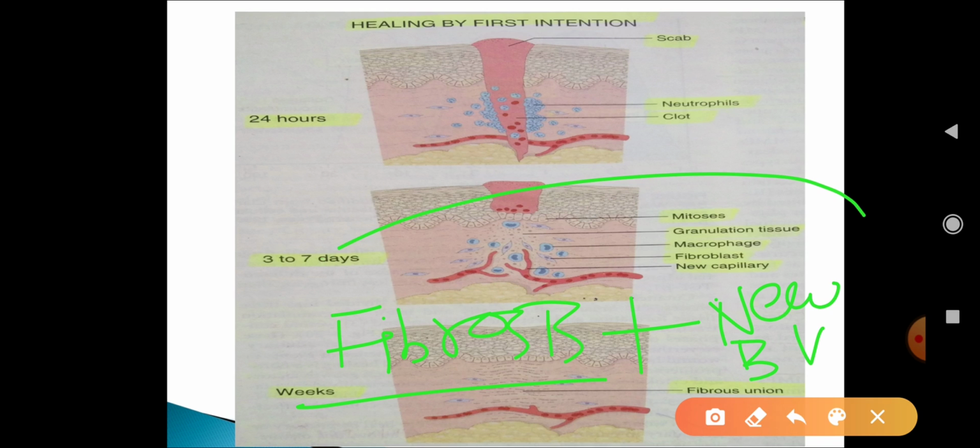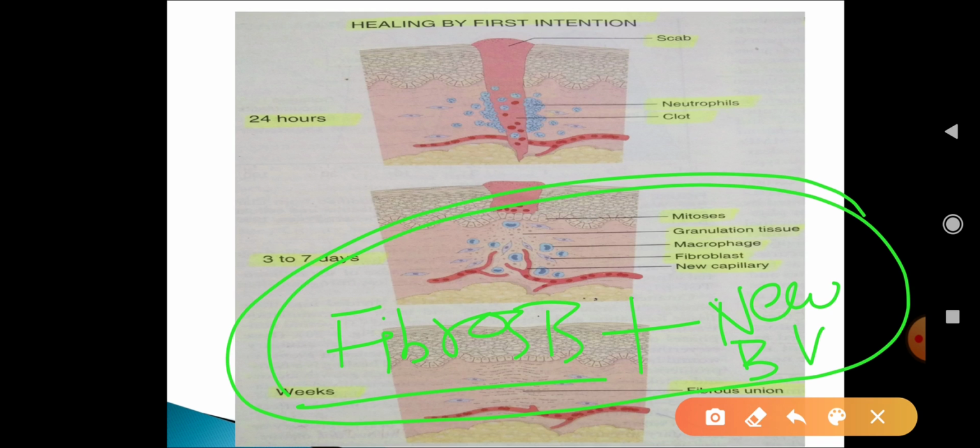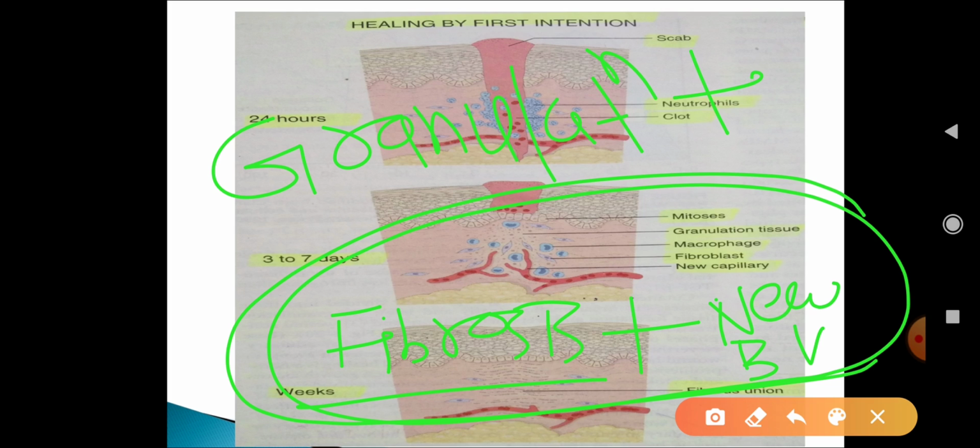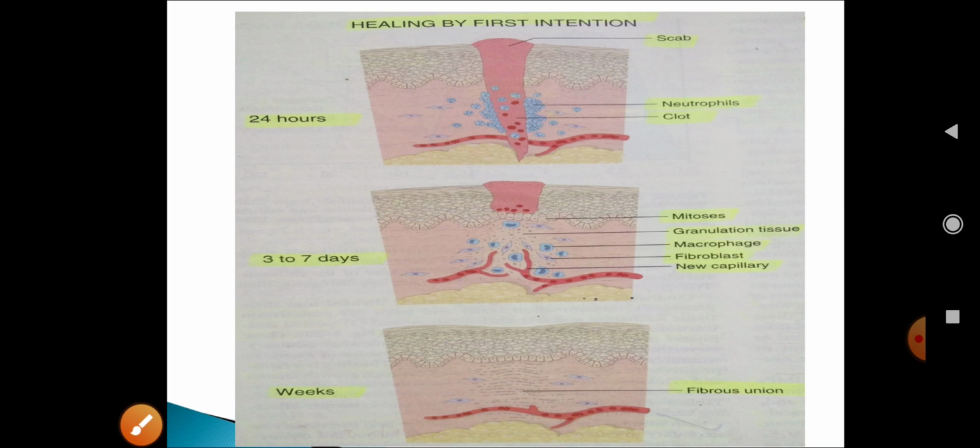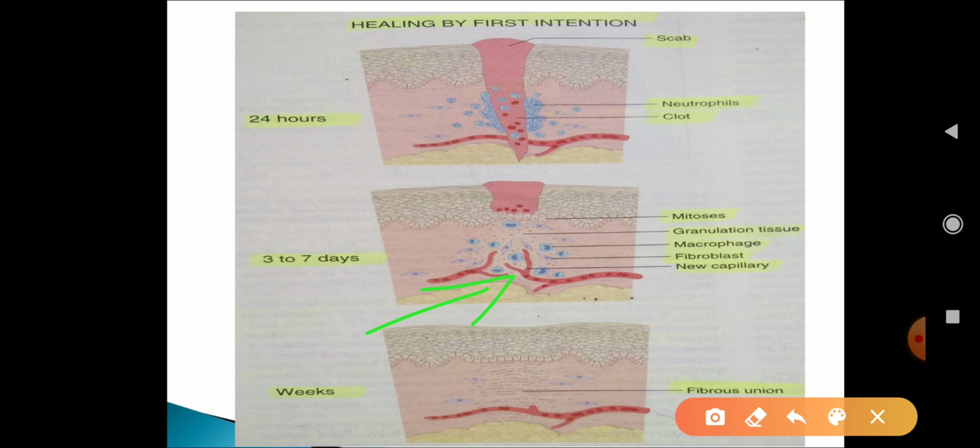So these two combined processes are known by the name granulation tissue. Granulation tissue is nothing but the newly formed blood vessel and the fibrosis. This granulation tissue, you can see that it is very less here because it is the healing by the primary intention. Clear?